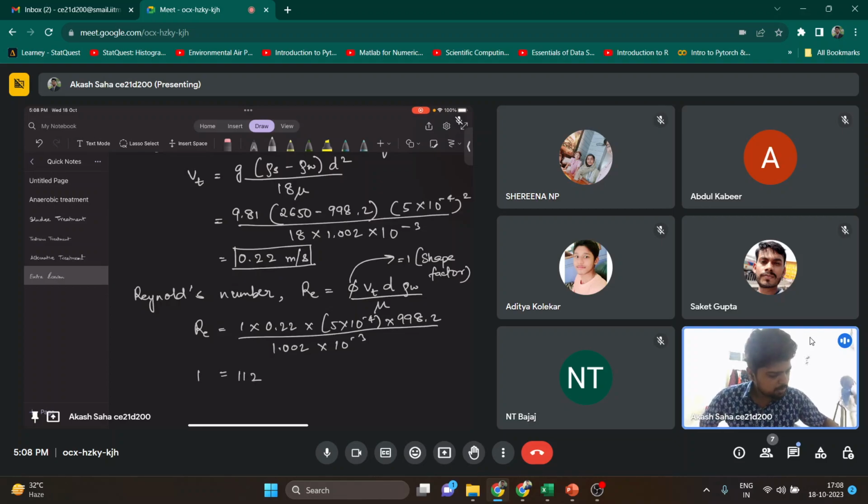So what does that mean? If my Re value is 112, what does it say about the flow? Can someone tell me?